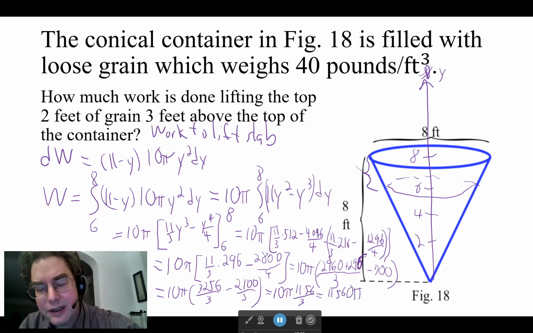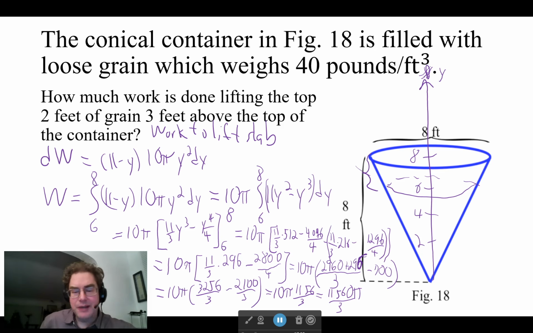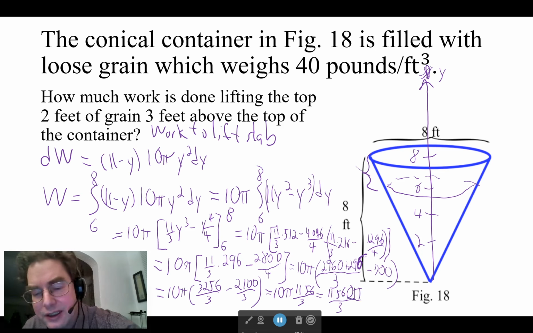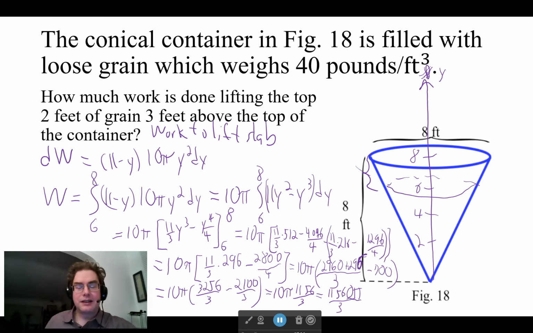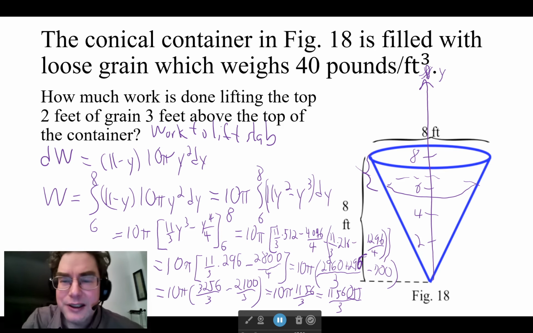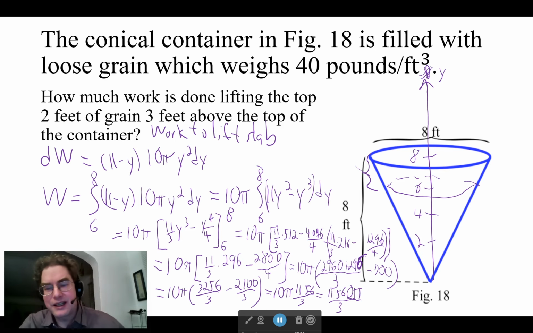And so that's 11,560 pi over 3. And if you wanted to do a decimal approximation of that, you certainly could. I'm going to keep it exact. And I'm going to put a unit on it. You can think about what the unit should be. Should be foot-pounds. We're in the English system here with force measured in pounds and distances measured in feet.